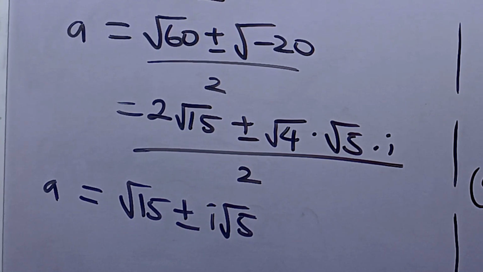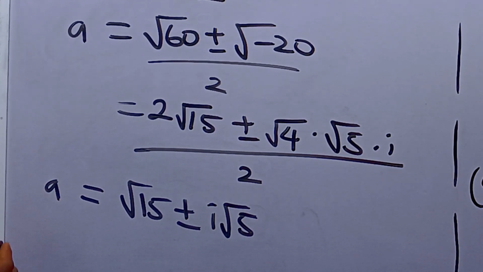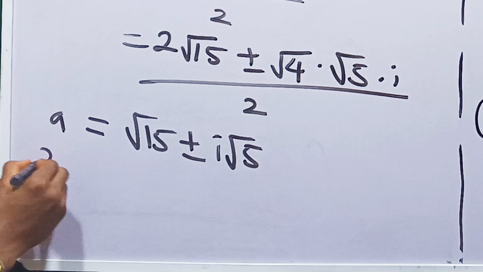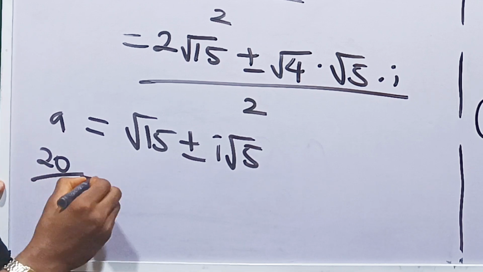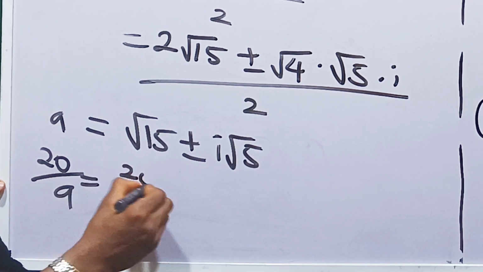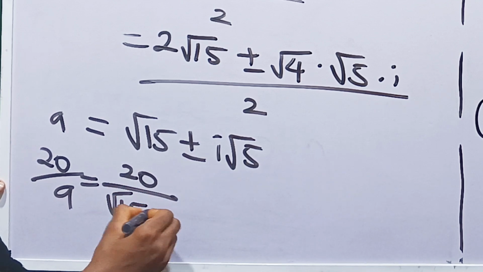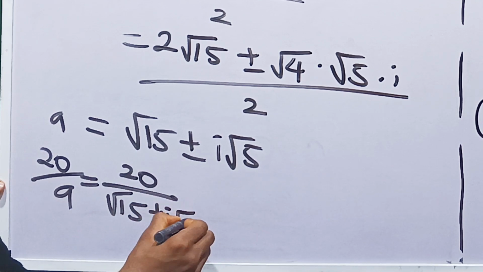Now, moving on, we'll find our b. Recall that we say b is equal to 20 over a. So solving for 20 over a, let's just pick one of these. We have 20 divided by root 15 plus i root 5.